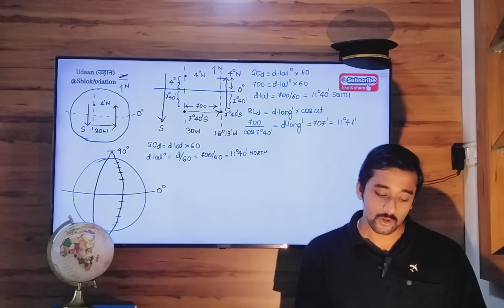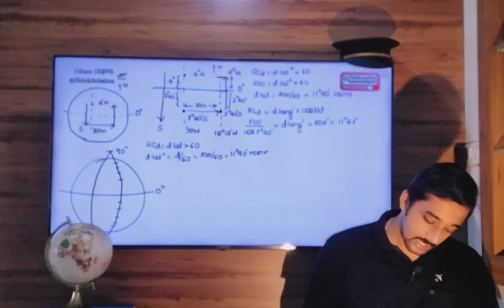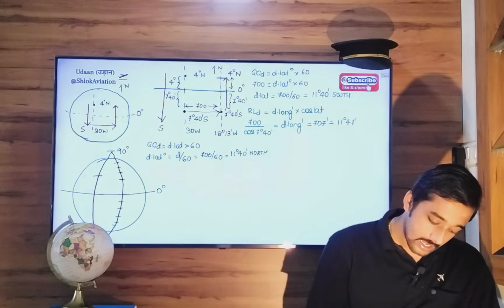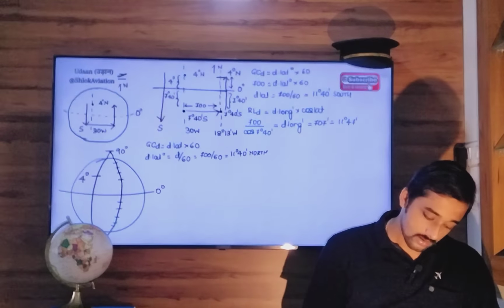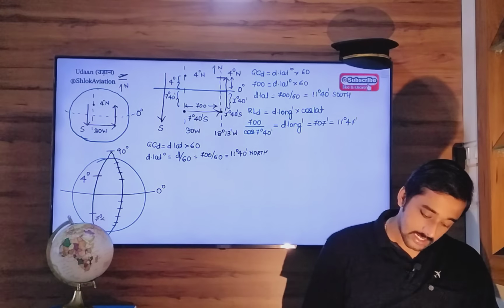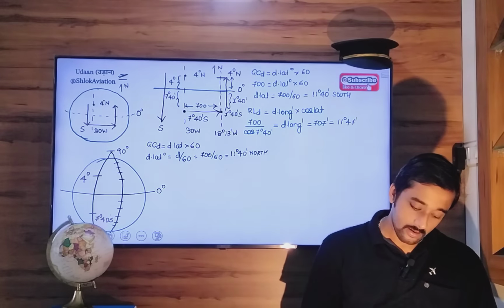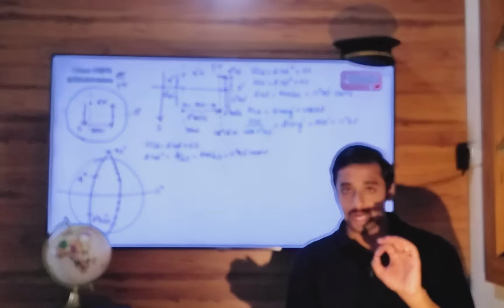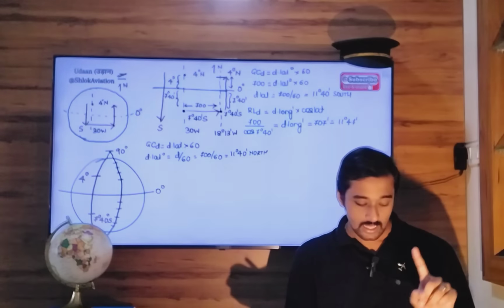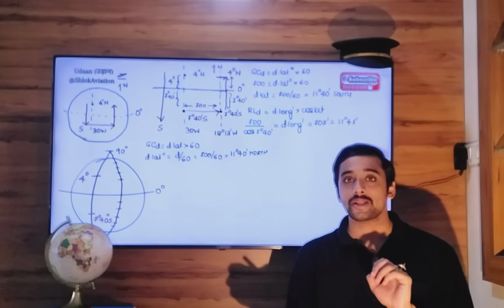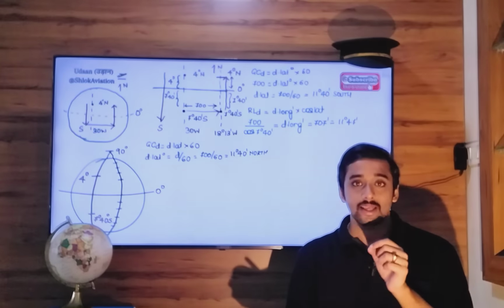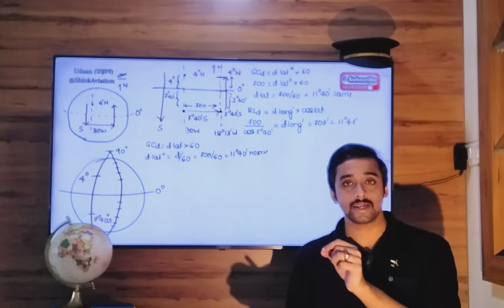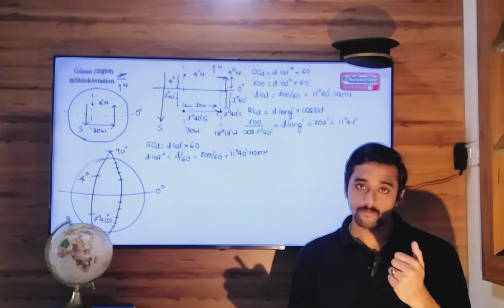Now here we have two different latitudes. One is 4 degree and another is 7 degree 40 minutes south. Now 7 degree 40 minutes south latitude is more in value than 4 degree north latitude. So if latitude value is more, the convergency found at that particular latitude will be more.